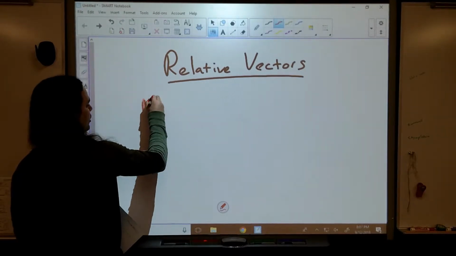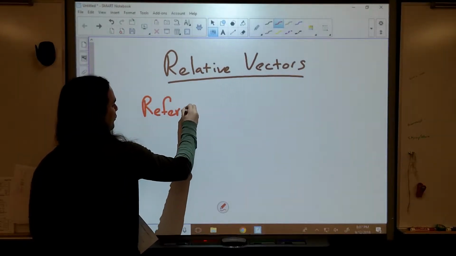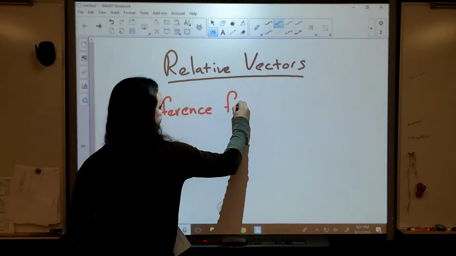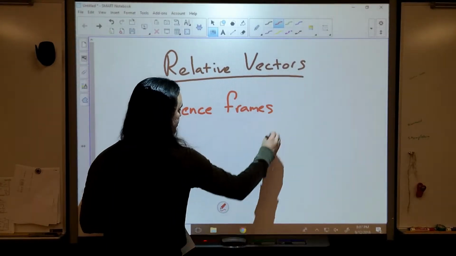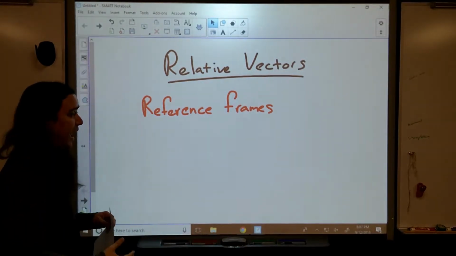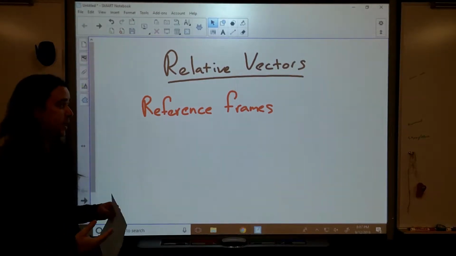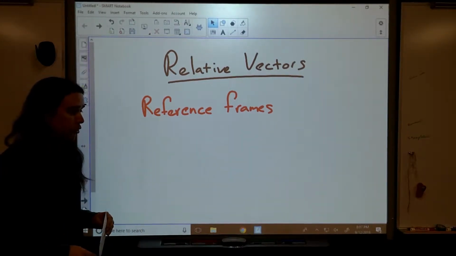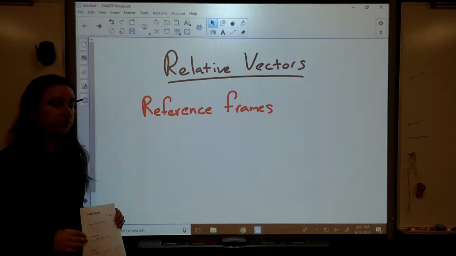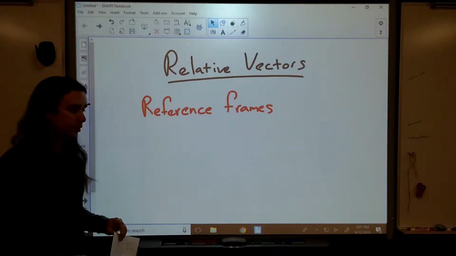The big thing that I want to talk about, introducing this, is something called reference frames. Reference frames is a term that I'll throw around some, and on the front of the AP Physics exam, they say some special terminology: all reference frames can be assumed to be inertial reference frames.